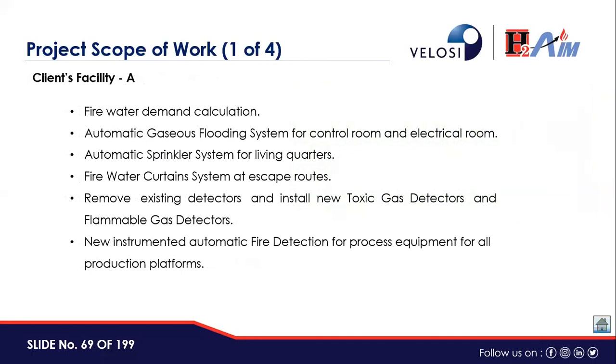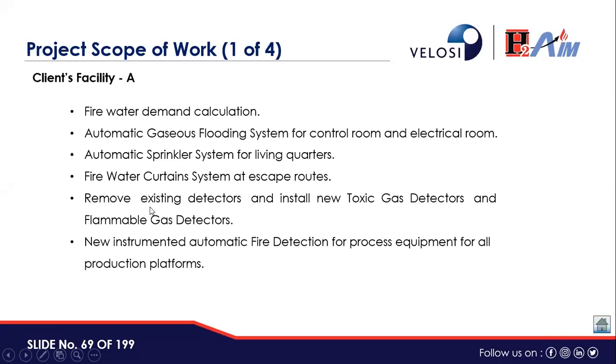For facility A, we have to calculate the firewater demand, and then design the automatic gaseous flooding system for the control room and the electrical room, and then design the automatic sprinkler system for the living quarters, that is, how many sprinklers are required for the living quarters, and a firewater curtain system at escape routes.